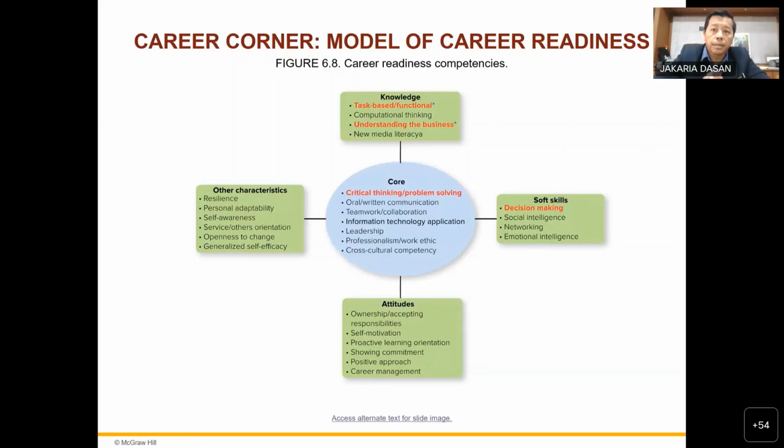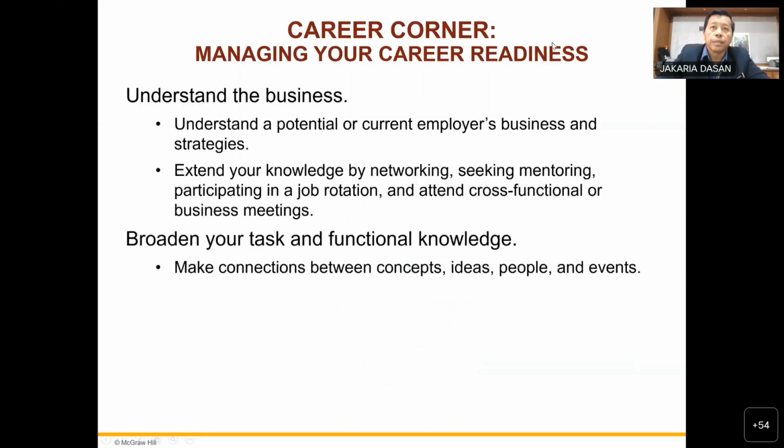This is the reflection of the chapter, that you need to be able to acquire KSA: knowledge, skill, attitude, and other characteristics. Career corner, this one is just for you to take the knowledge that you learn today and practice it when the time comes, when you are in your career later on.